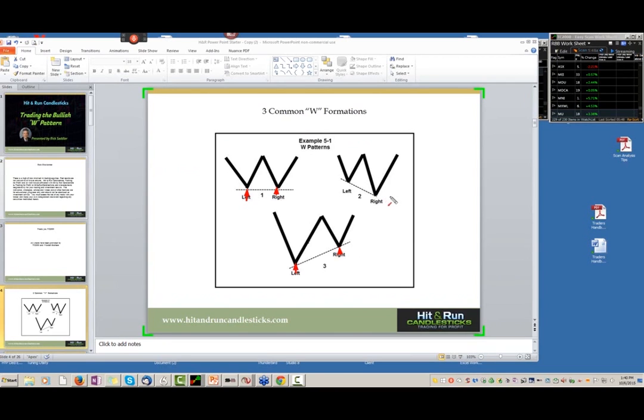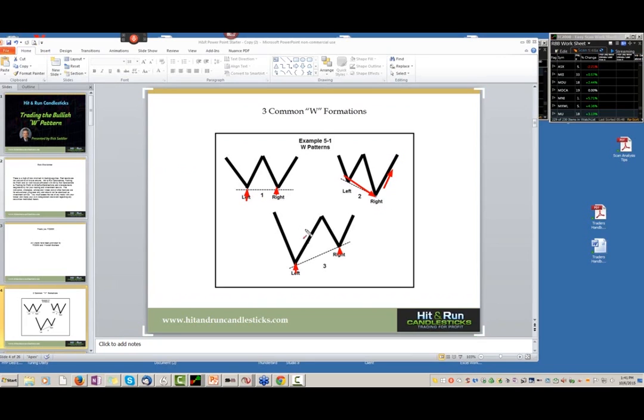Now, this one over here, this is my least favorite. In fact, if I'm flipping through charts and I see this W pattern starting to work or starting to shape up. Now, there's a difference between shaping up and starting to work. Shaping up, this black line right here, the hard right edge, it may not be quite as far as it is right now. It may be up just slightly, and I can see the W pattern, but it's my least favorite because we've actually made a lower low, and that's not what I want to look at.